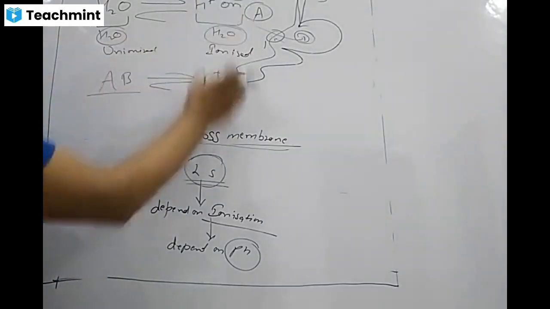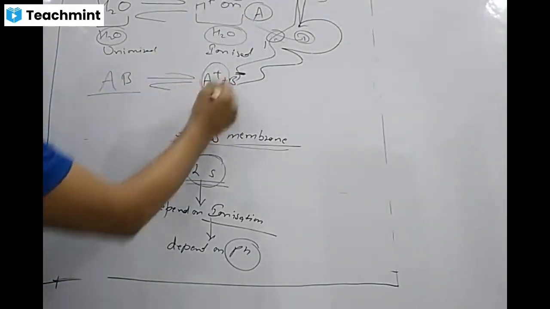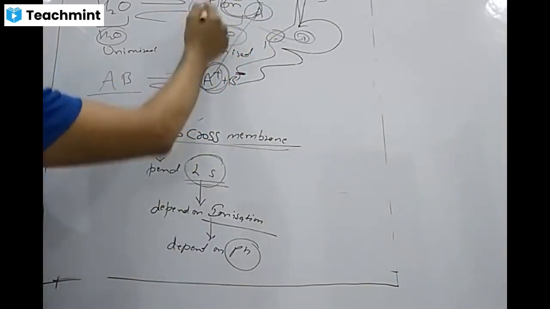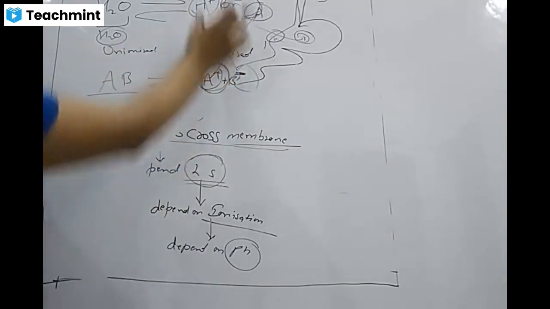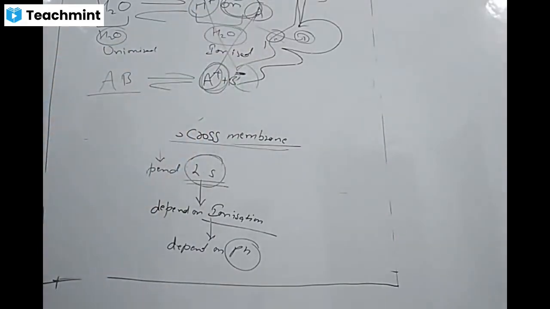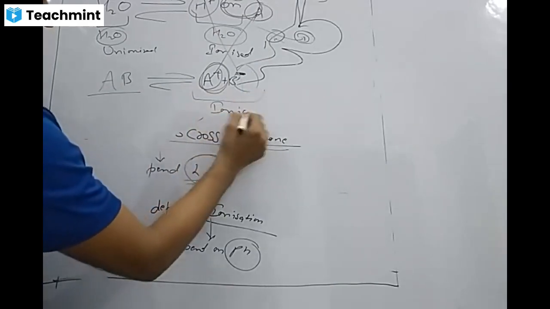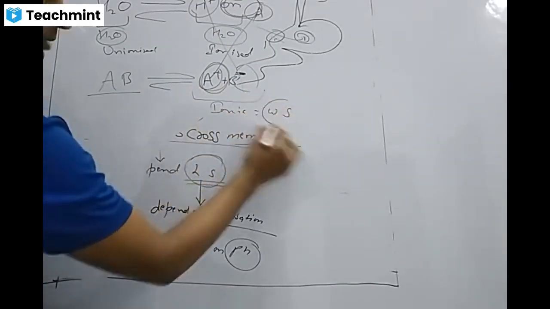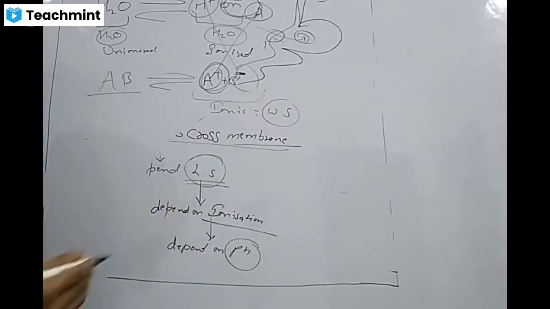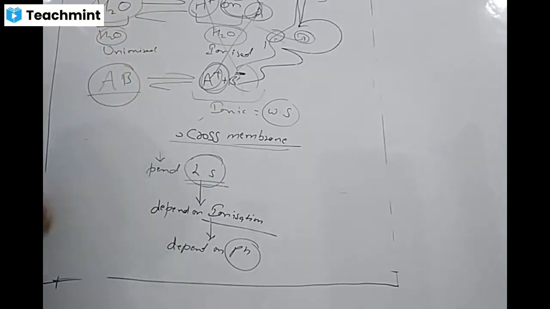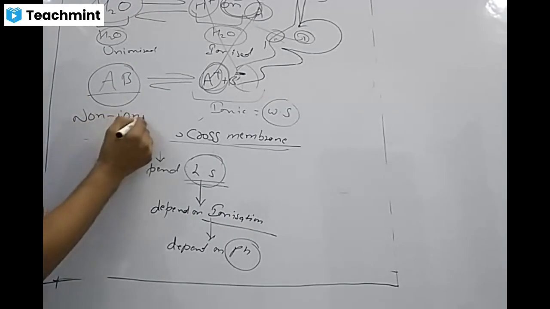If you look at the two ionized forms, these ions of the drug will combine with the ions of water, means opposite charges will combine with each other. So we can simply say that this ionic form is the water soluble form. And the opposite is also true: this non-ionic form is lipid soluble.